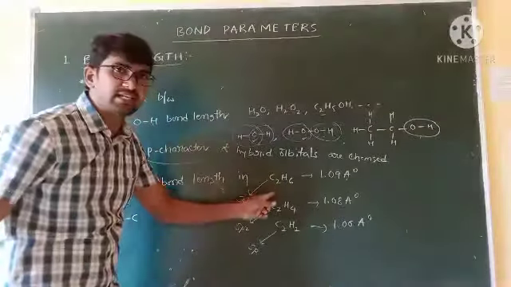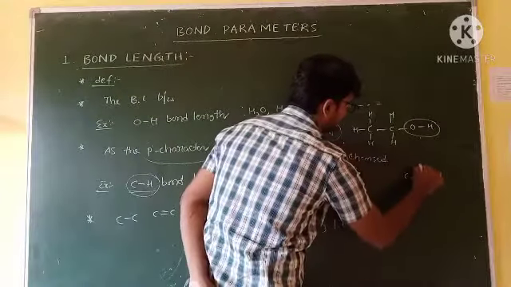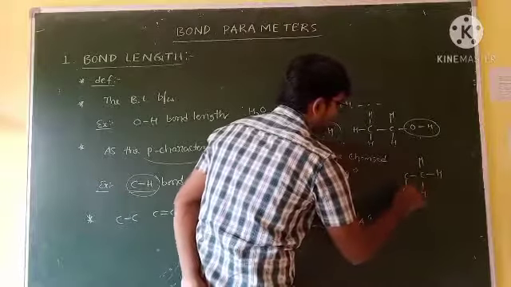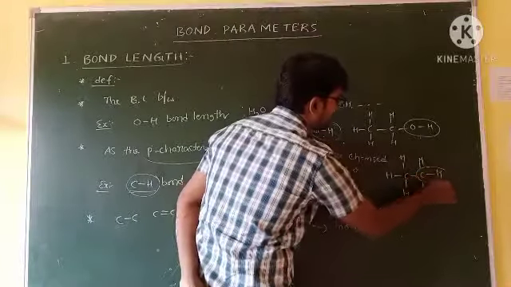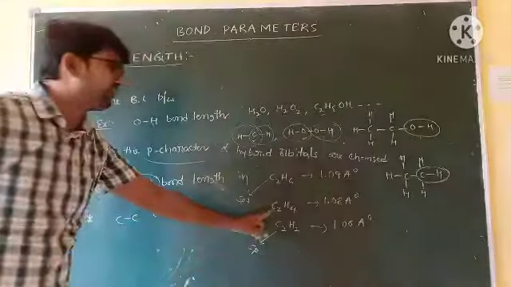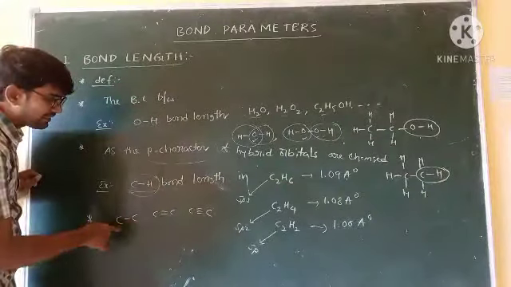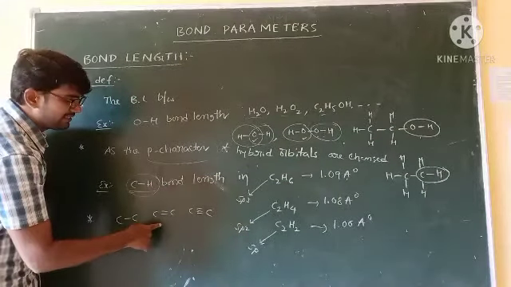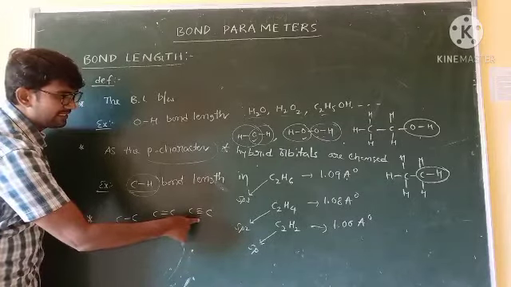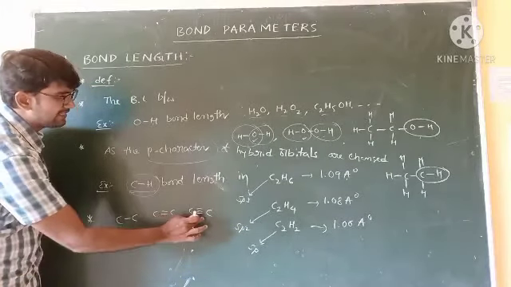How can you draw the structure of C2H6? C2H6 means we know this structure. This is C2H6, the CH bond length, and in C2H4 the CH bond length, in C2H2 the CH bond length. But now the CC bond lengths. This is in C2H6, this is in C2H4, this is in C2H2. So this is alkane, this is alkene, this is alkyne.